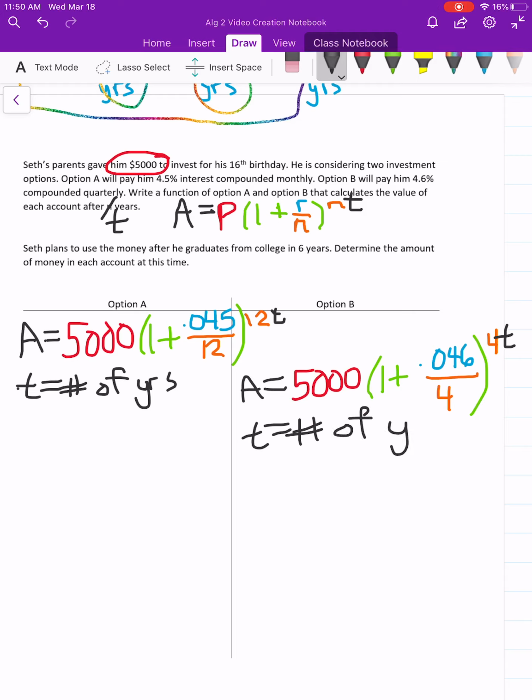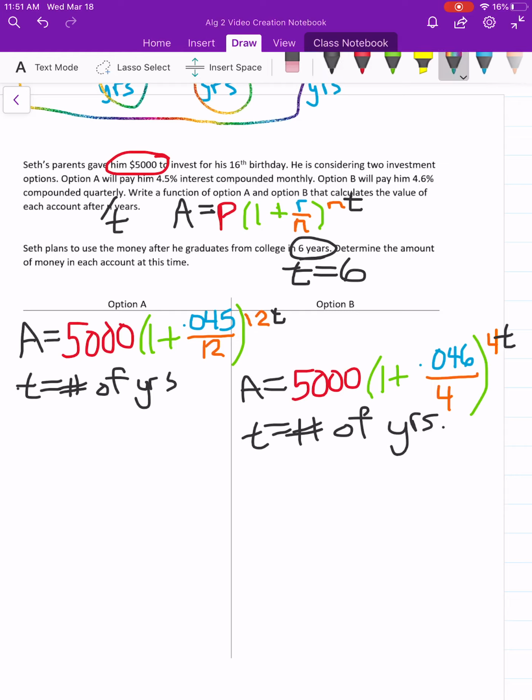Okay, so now it says Seth plans to use the money after he graduates from college in 6 years. Determine the amount of money in each account at this time. So now we know the value for t. t equals 6.